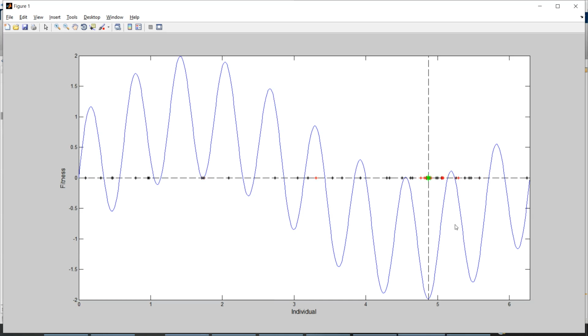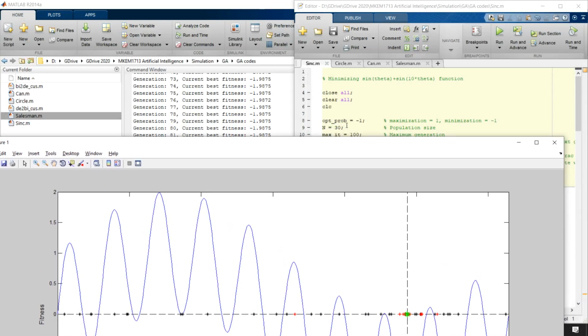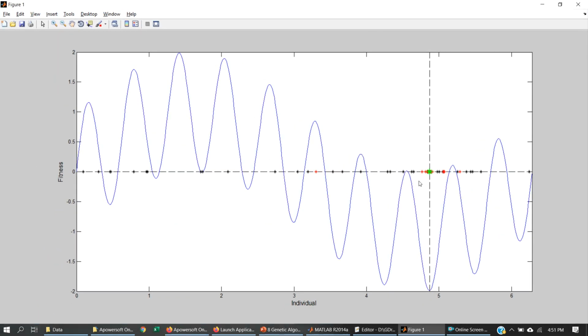Once again, if you're wondering how come I have very few red points, because my population size is 30, I should have 30 red points at each time. It's because some points are overlapping.